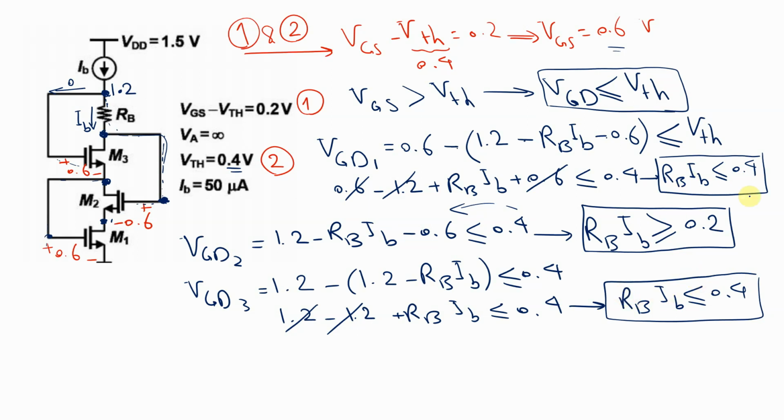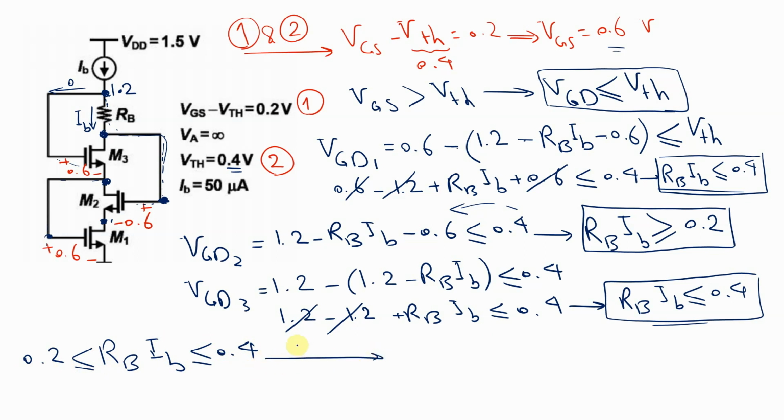If you look at these conditions, you can see that two of them are the same, so take one of them, and this is the other. So we have a range for RAB IAB. Out of these three conditions, RAB IAB is greater than or equal to 0.2 and less than or equal to 0.4.